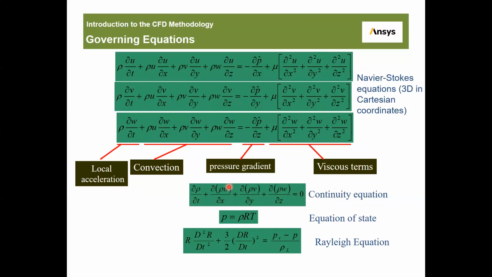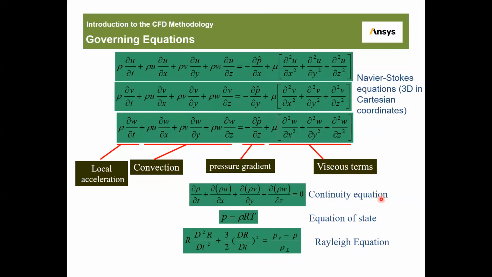So this one deals with continuity. If you have steady state, whatever comes in will come out. If 5 cubic meters per second enters a pipe, then 5 cubic meters per second will leave at the outlet. If more goes in and less comes out, something is wrong. Your equation or your problem does not satisfy the continuity equation.